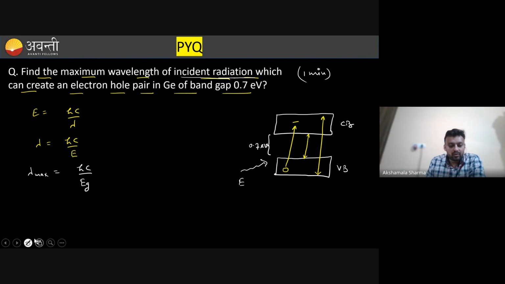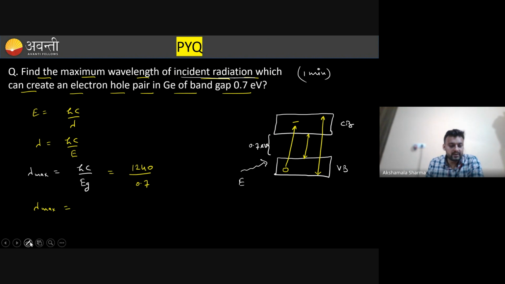Now, what is the value of hc? It can be simply put as 1240 divided by band gap, which is 0.7, and you can simplify it and you will get lambda maximum.